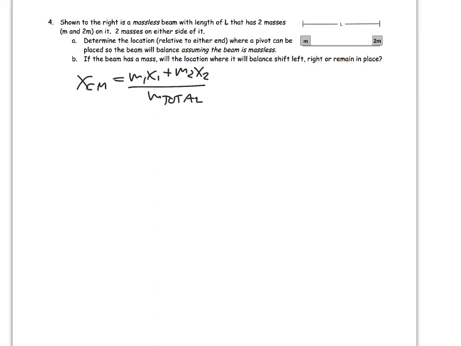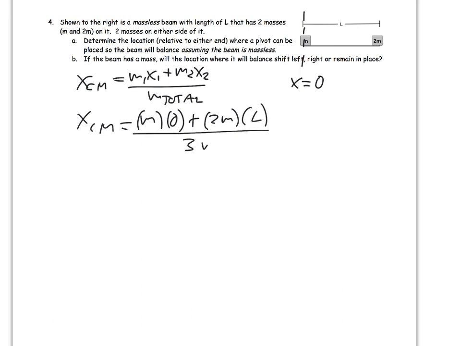I am going to define a spot to be my 0 point, and I'll just pick the left side to be the 0 point. Although you could have picked the right, it would just change whether you're saying it's from the left side, from the right side, etc. So when I set up my center of mass here, I know that my one mass is going to be m times the distance, which is 0, because it's located on my 0 point, plus the other mass, which is 2m, times its distance, which is L, and that's divided by our total mass, which is 3m.